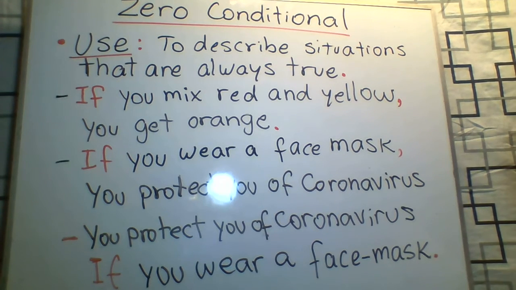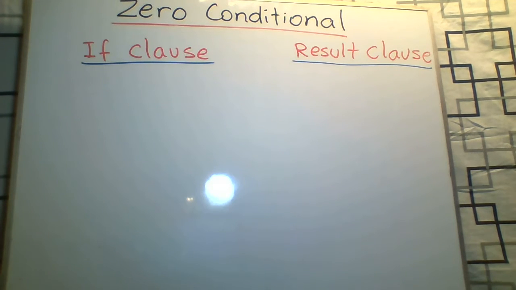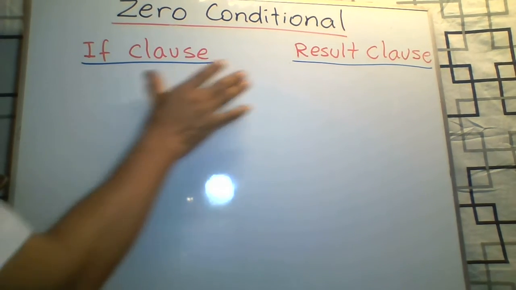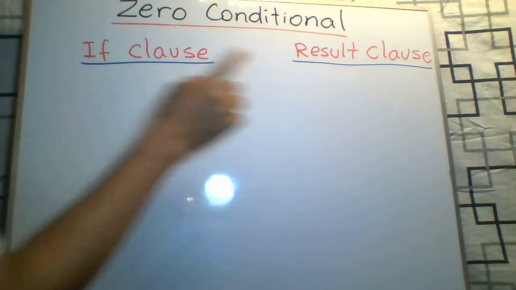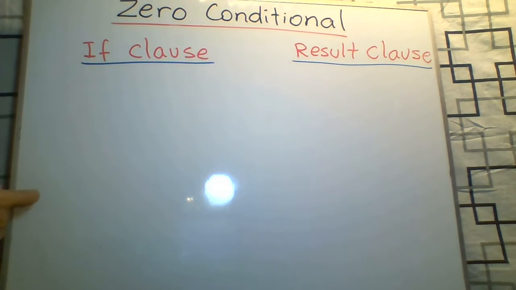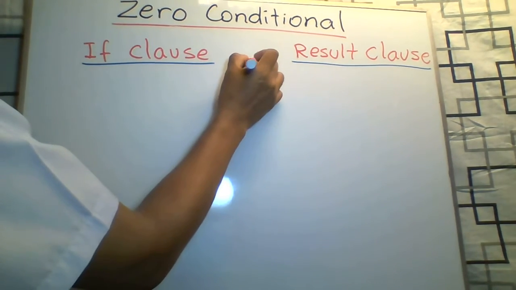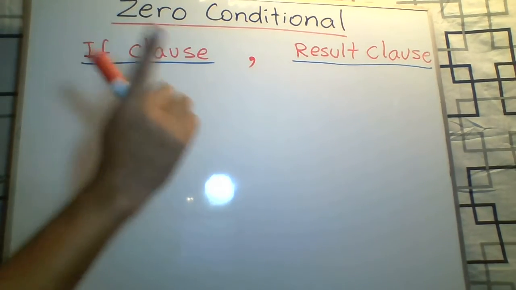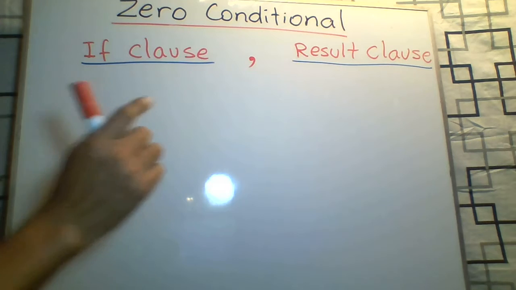It's always true. Let's see. So the zero conditional has two parts, the if clause and the result clause. These are separated by a comma. But remember, this is only one sentence.